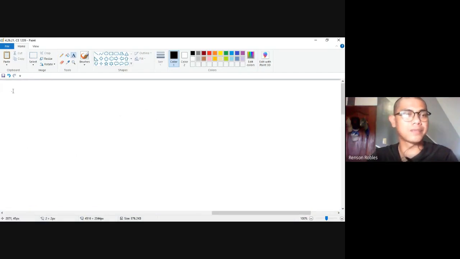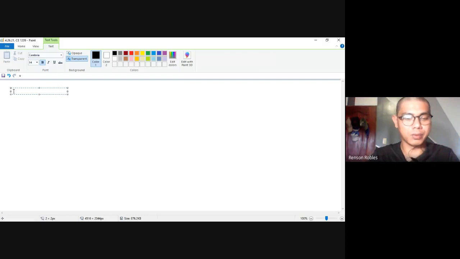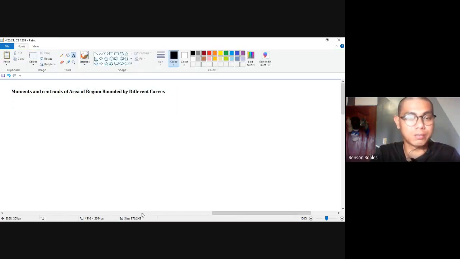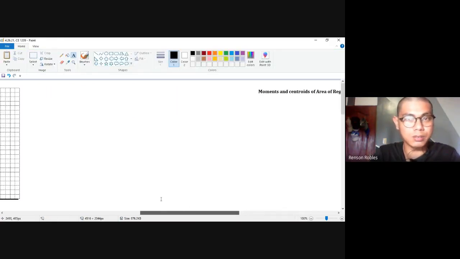Okay, we have moments of mass, moments and centroids of area of region bounded by different curves. And then let me draw you to this equation.